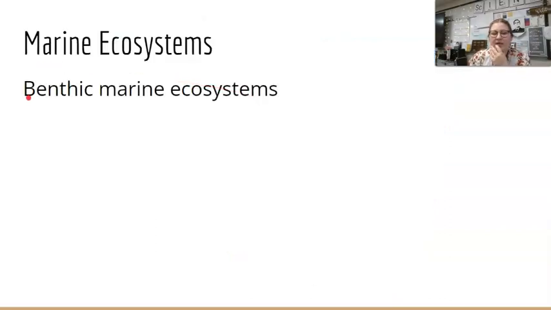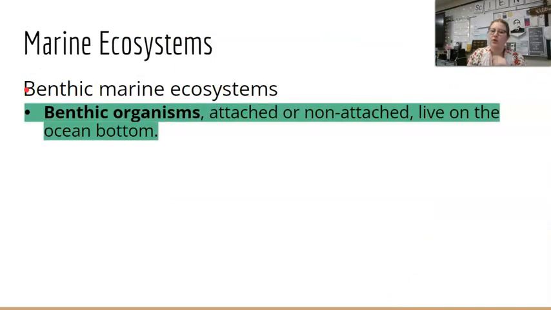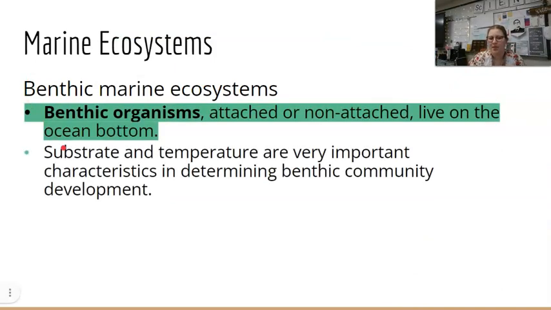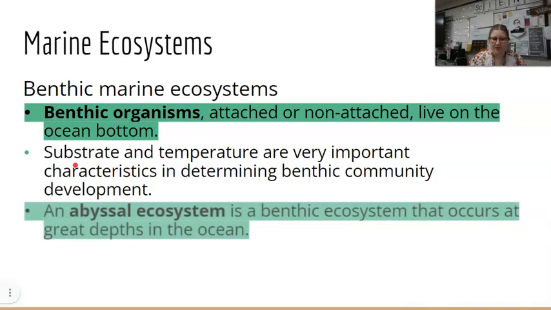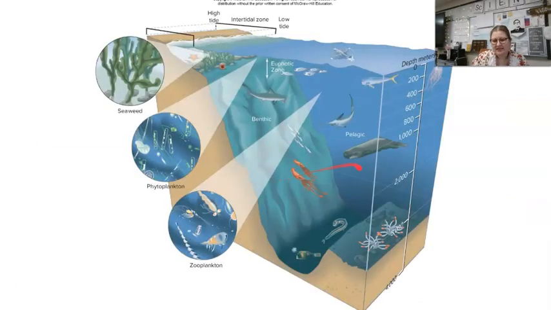For benthic marine ecosystems, so down at the bottom, benthic organisms are attached or non-attached and they live on the ocean bottom. Substrate and temperature are very important characteristics in determining benthic community development. An abyssal ecosystem, think about the abyss, is a benthic ecosystem that occurs at great depths in the ocean. So we go back to that. That's this right here.